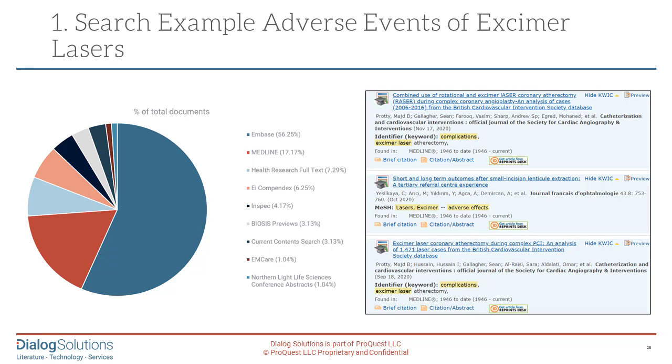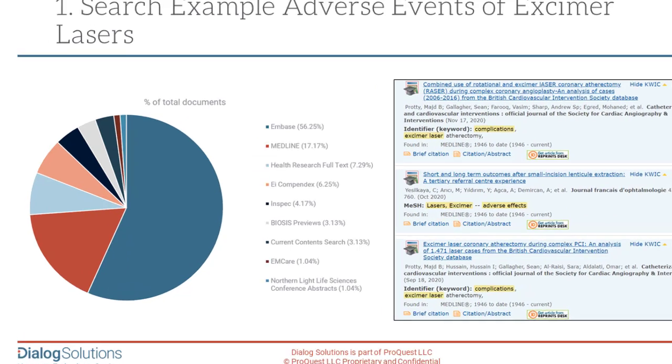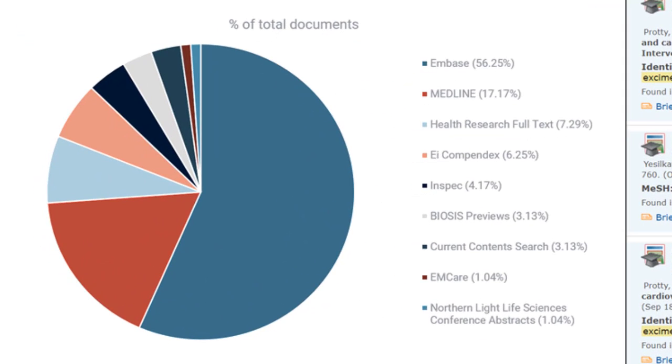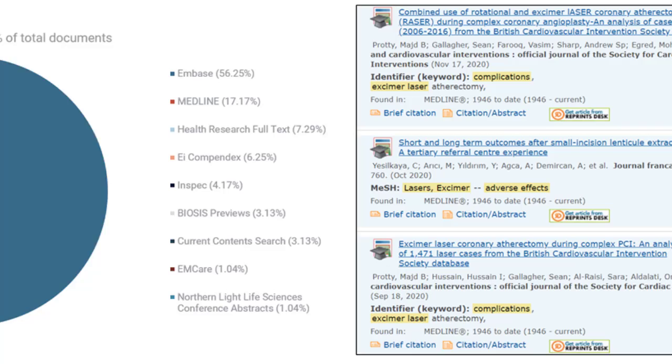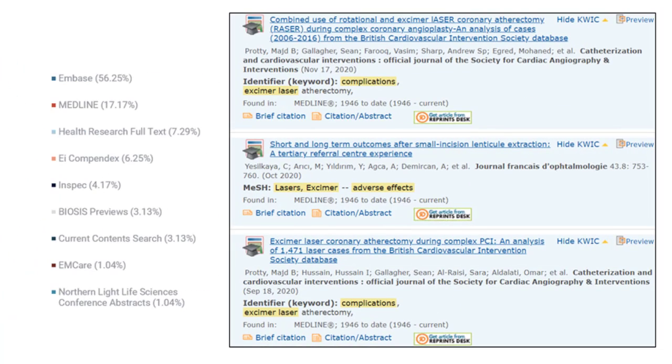And these are the results we got from this search. So again, very similar. In fact, it's the same search that I showed you at the beginning. So 56% from Medline, from Embase 17%, and the hierarchy that we saw at the beginning. And this is just the free format from Dialog, showing you the title, the bibliographic information, and the keywords.